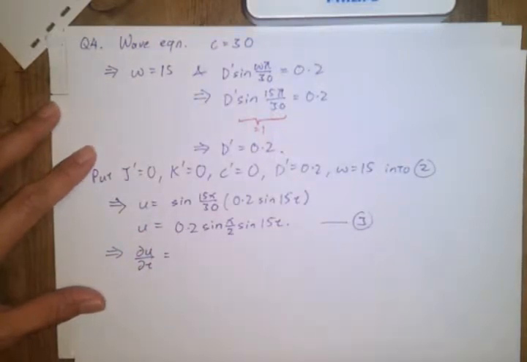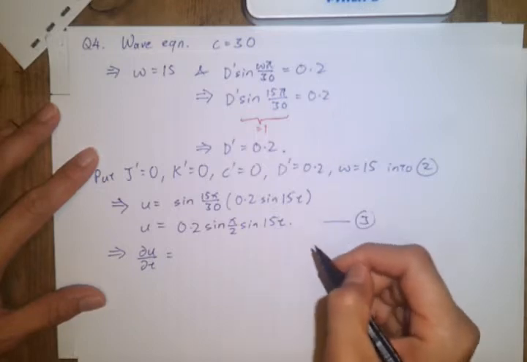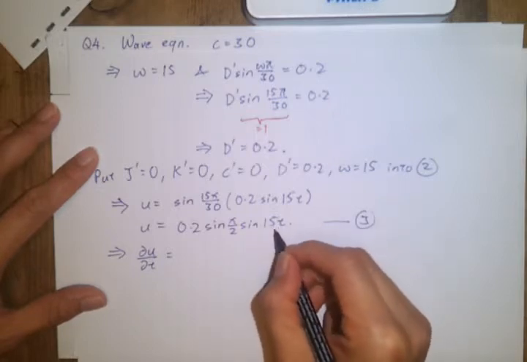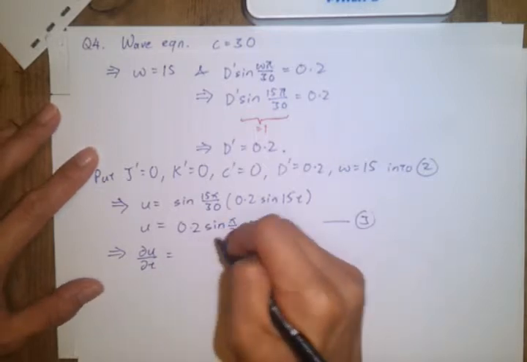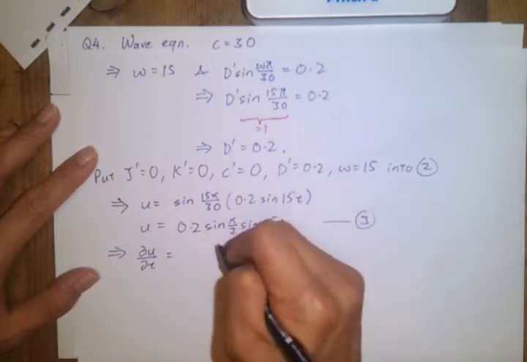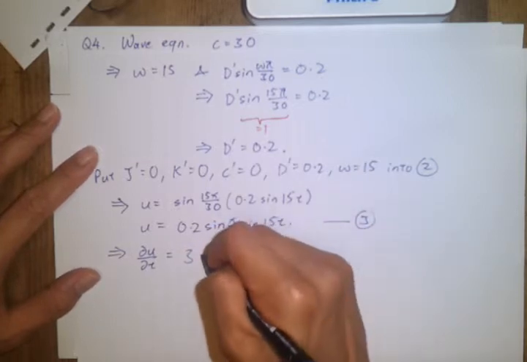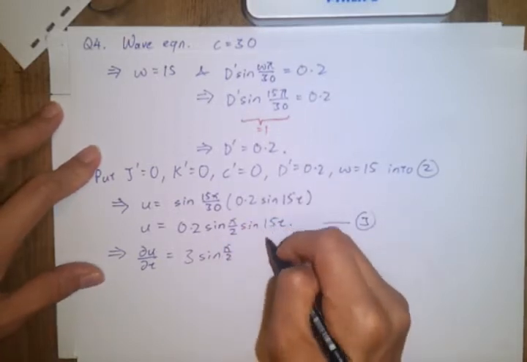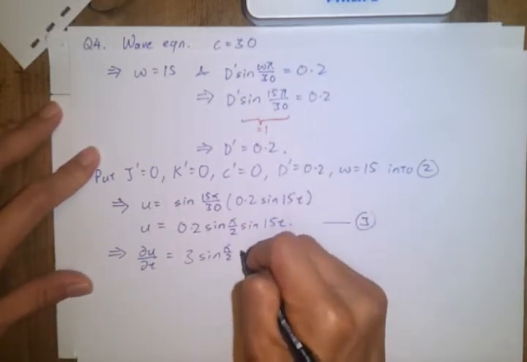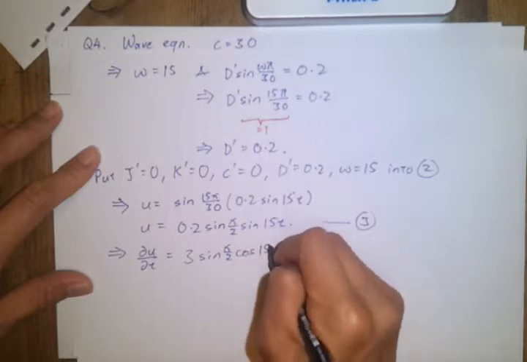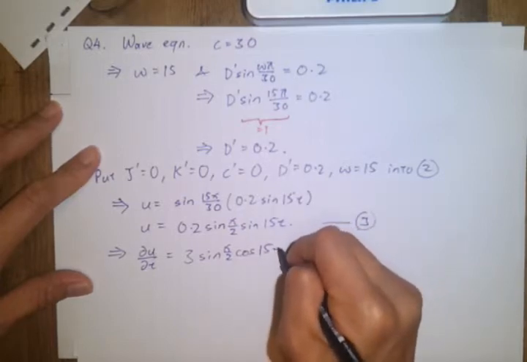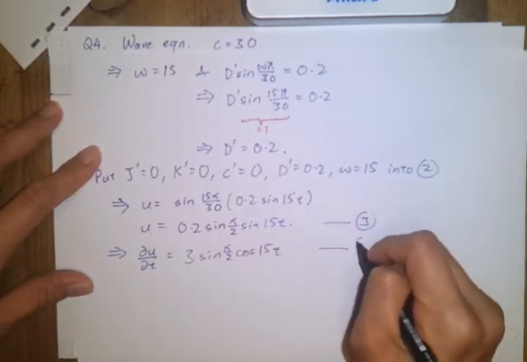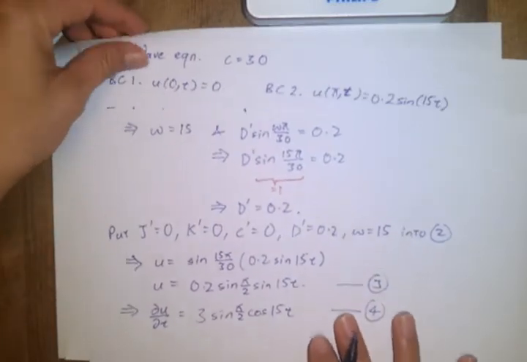Du dt is nothing but, you bring out the 15, 0.2 times 15 is just 3, sine x over 2, and differentiating sine gives cosine. So now I can answer the question.